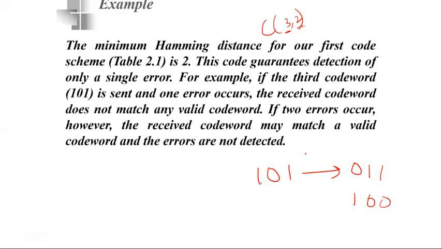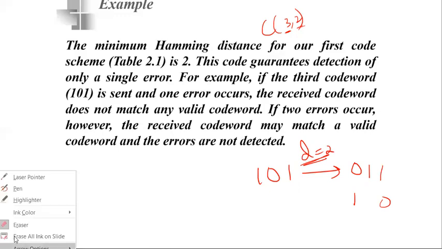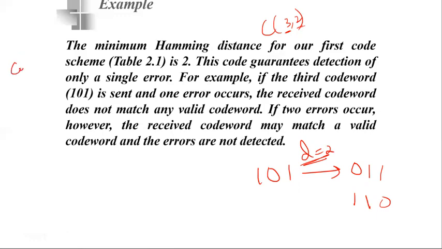Both of these are at distance d equal to 2. If you remember our table, these were the code words: 000, 011, 101, 110.